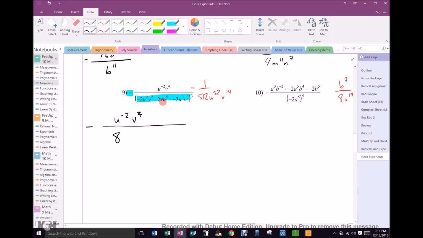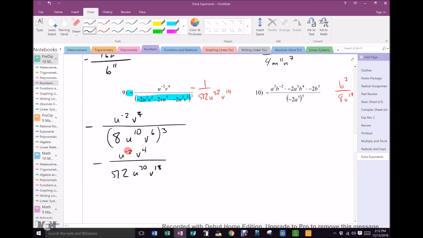U squared, u to the 5th, u to the 3rd gives me u to the 10th. And v, 2 plus 1 is 3, plus 3 is 6, v to the 6th. All that is cubed. So then I've got u to the negative 2, v to the 4, over 8 cubed is 512, u to the 30th, v to the 18th.